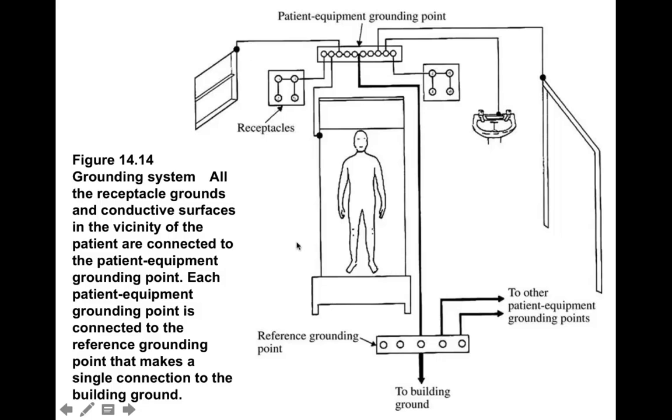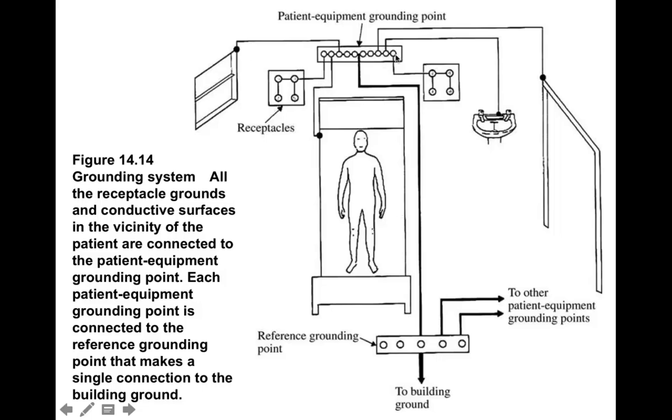So here's an overview of the safest possible kind of grounding system. In this case, you will notice that you have an overall ground, and this is called a star ground. Typically you would want one point where there is a ground, making a single connection to the building ground.